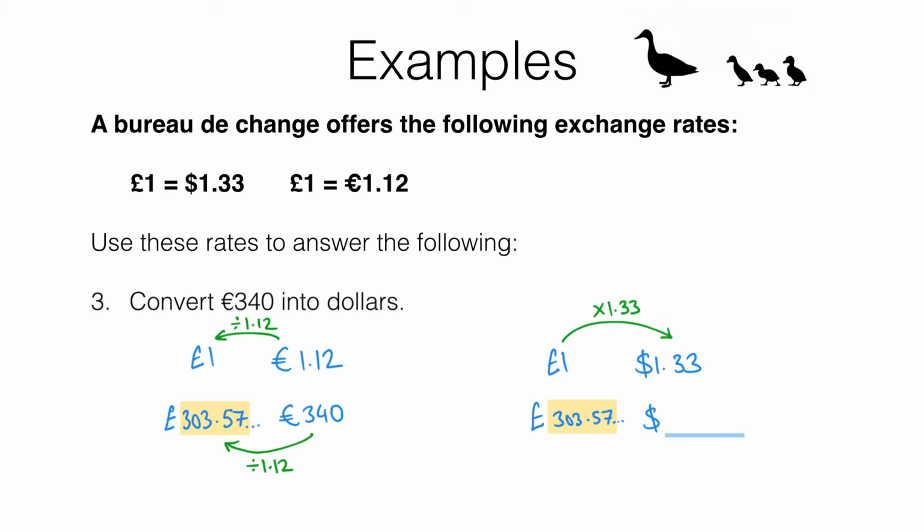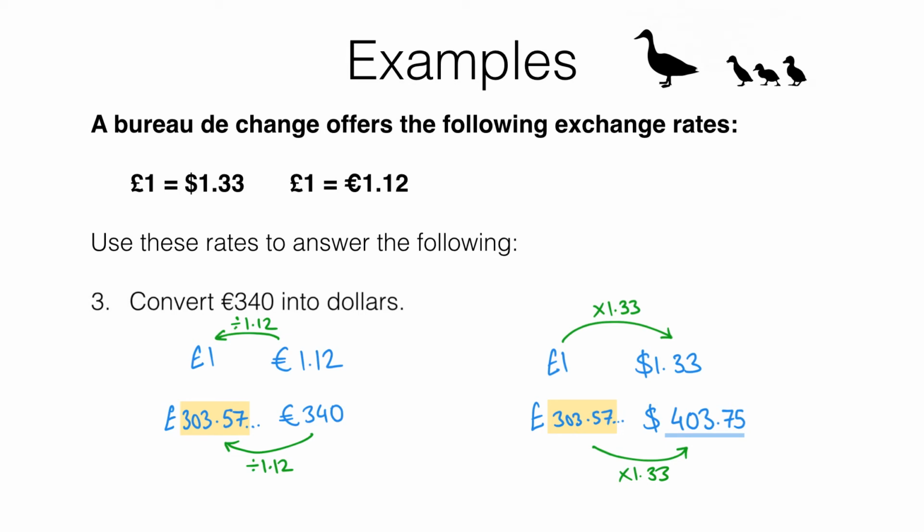That means I need to do the same thing down here, multiply by 1.33. And if I do that, I get $403.75 exactly.